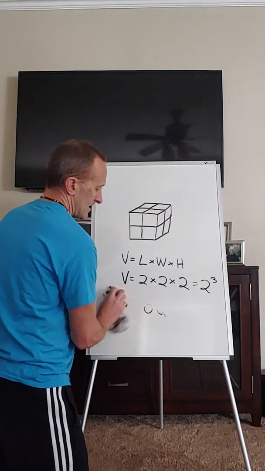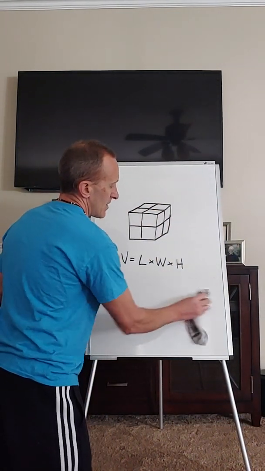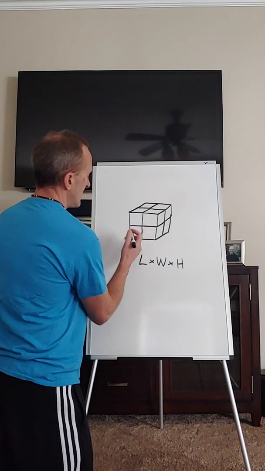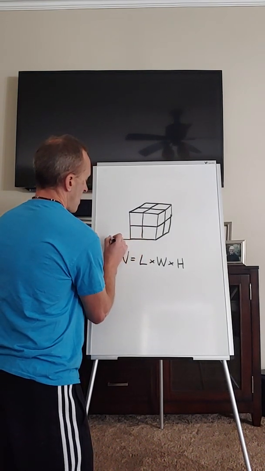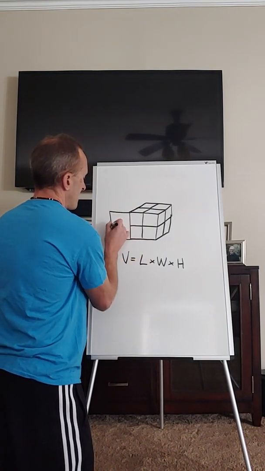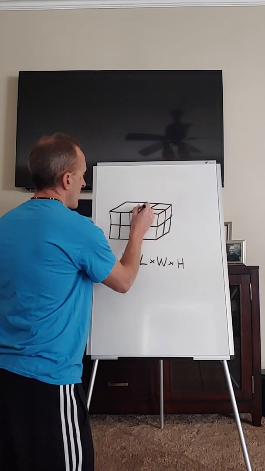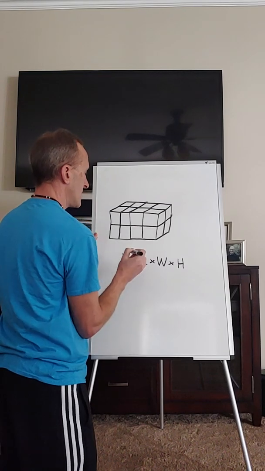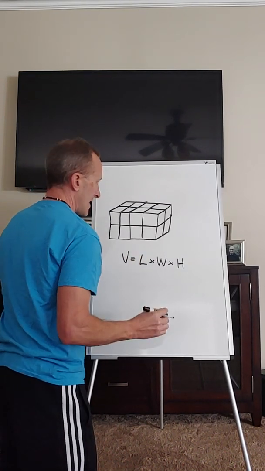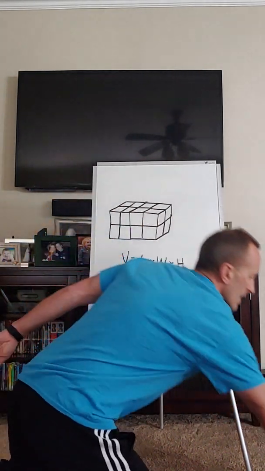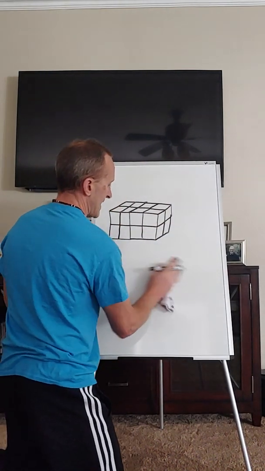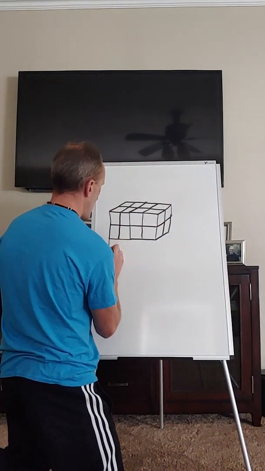Okay, let's try our volume formula on another rectangular prism. Let me go out a little bit. And let's take it down.